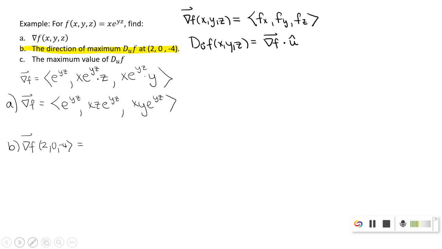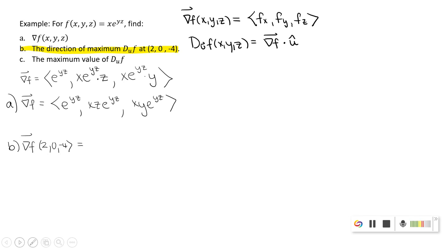If I want to find the direction of maximum directional derivative at the point (2, 0, -4). Okay, so part B is saying in what direction would you have to go from that point given to get the largest value of your directional derivative. And we learned earlier that that's going to happen in the direction of the gradient.